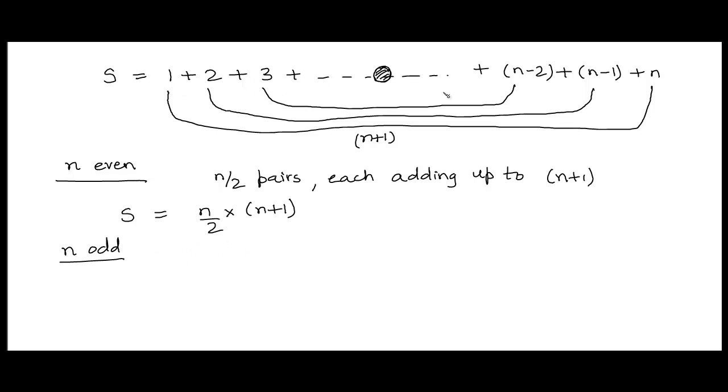The other n minus 1 numbers, apart from this middle number, can be paired up, because if n is odd, then n minus 1 would be even. So the remaining n minus 1 numbers can be grouped up into n minus 1 divided by 2 pairs, each pair adding up to n plus 1.